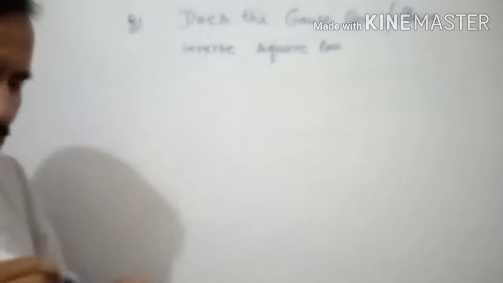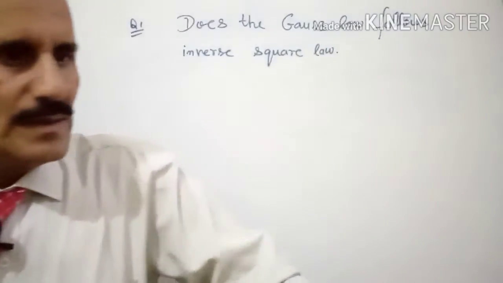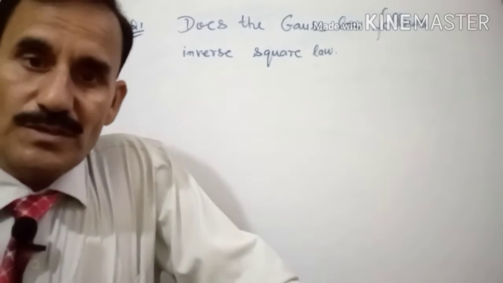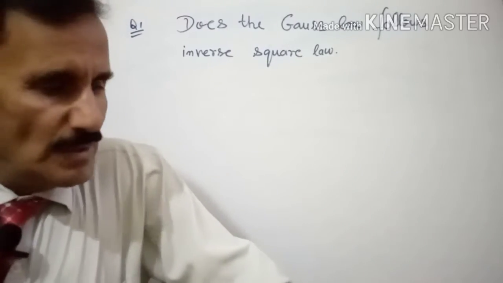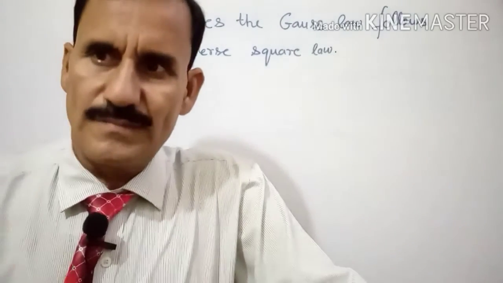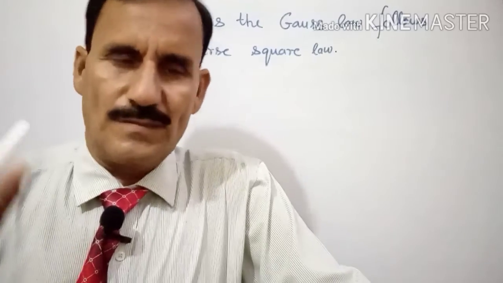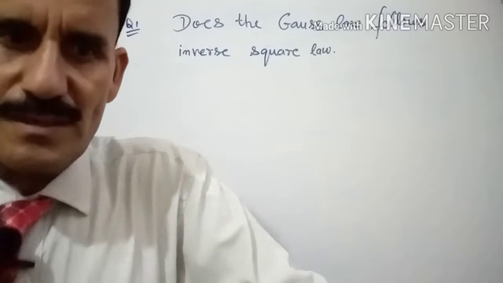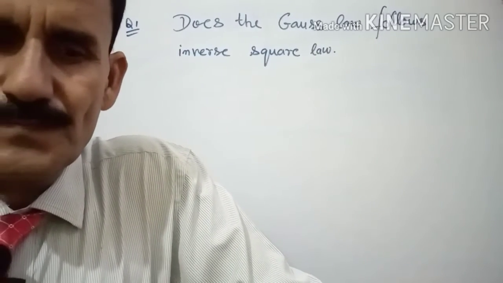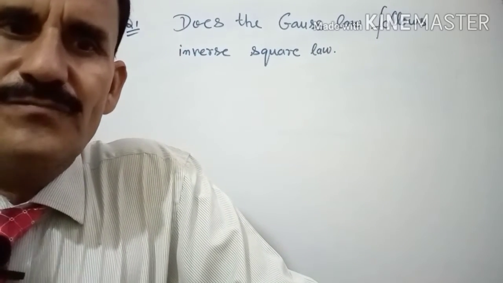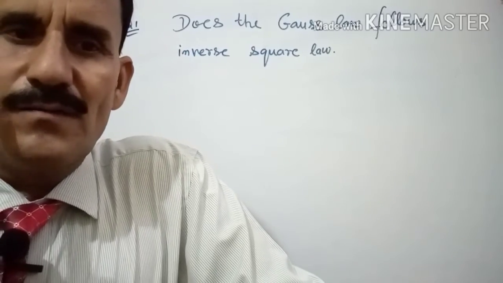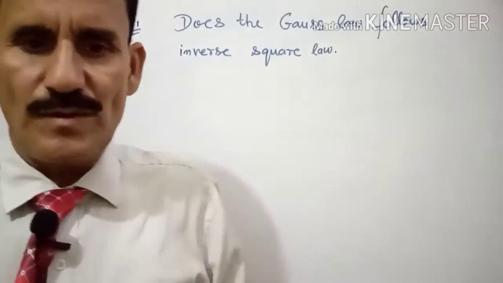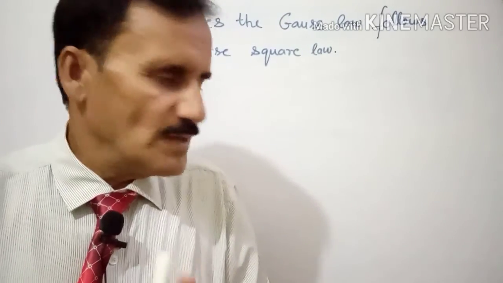Then what will be your answer for that? Actually, the inverse square law is that law in which force is inversely proportional to the square of the distance. So here, when you are stating the Gauss law, there is the electric field, and the electric field is always obtained from Coulomb's law. So you know Coulomb's law follows the inverse square law.